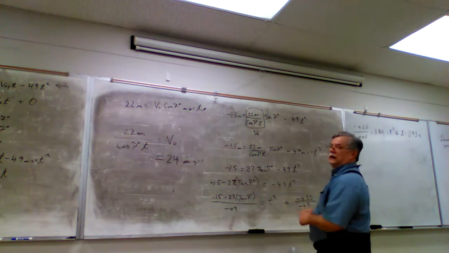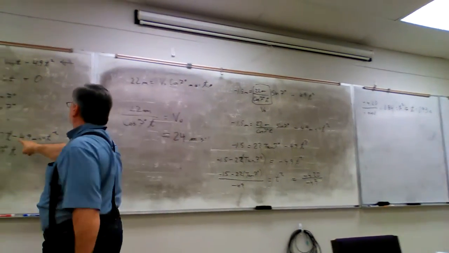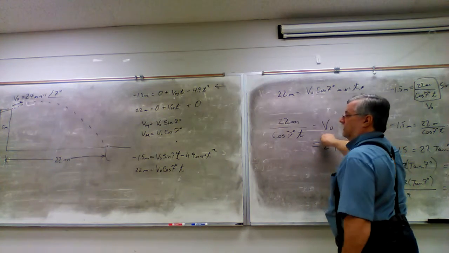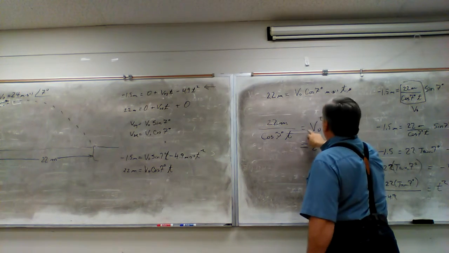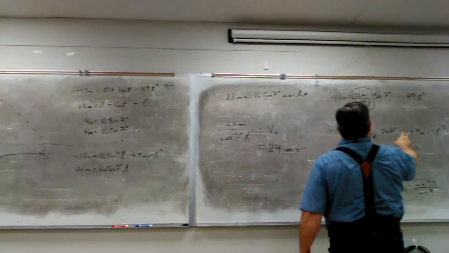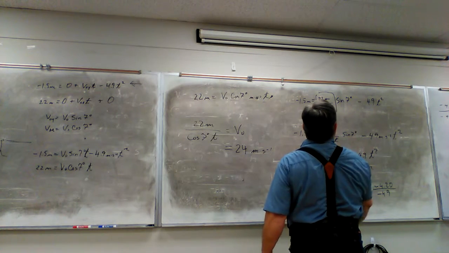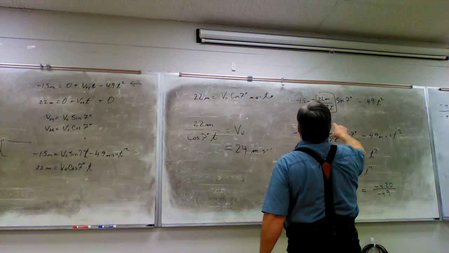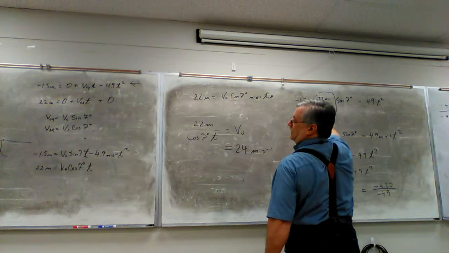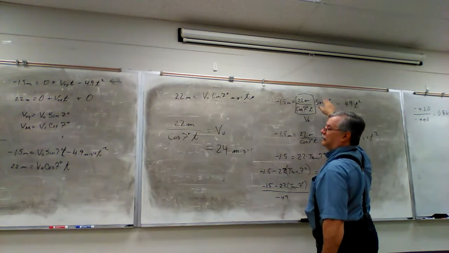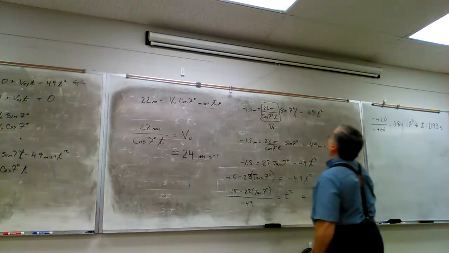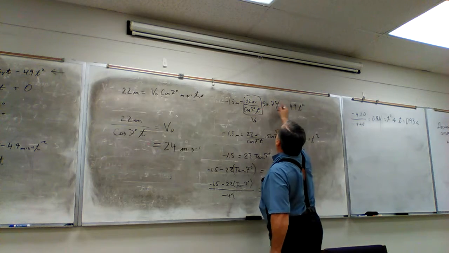Yep. Back up, folks. Did this mess me up? We solved this for t. Yeah, but I want to make sure I didn't. Yeah, well, that's not acceptable. V sub naught times sine of 7 times time right here, which would have canceled out this time.